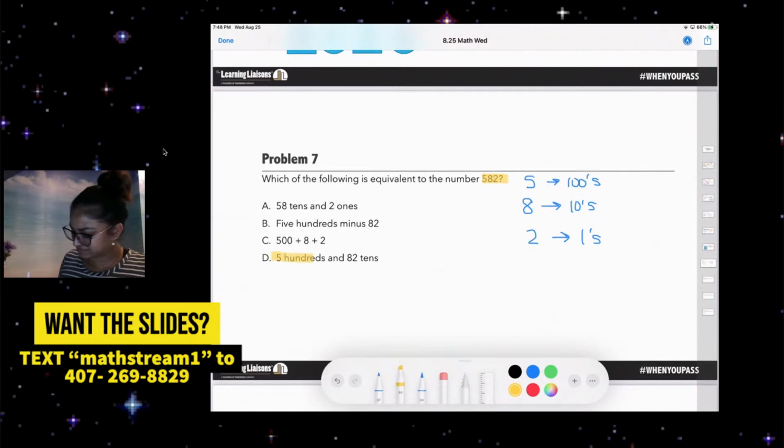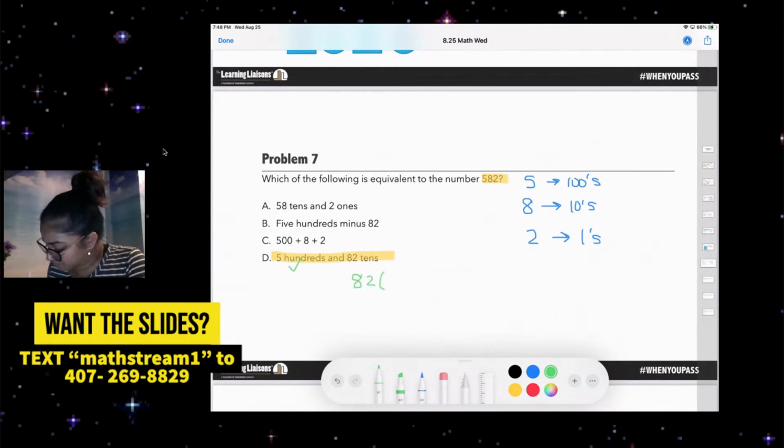But D doesn't give me that. They give me 5 hundreds, which just so happen to work out. But I don't need 82 tens. If I do 82 tens, I get a larger number than I'm anticipating. So let me tell you what that 82 tens means. We have 82 multiplied by 10.